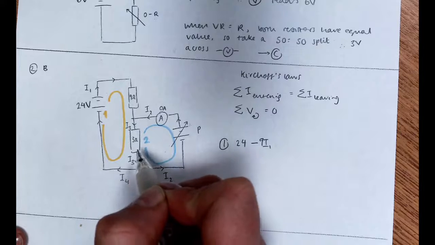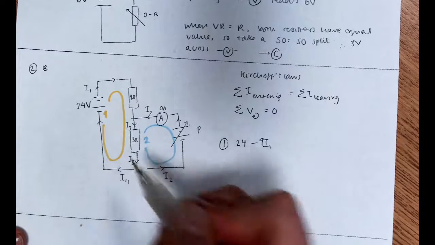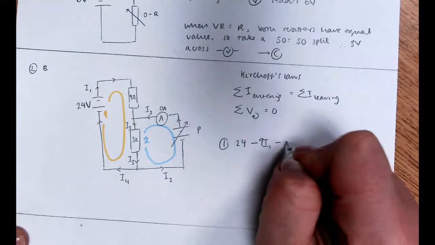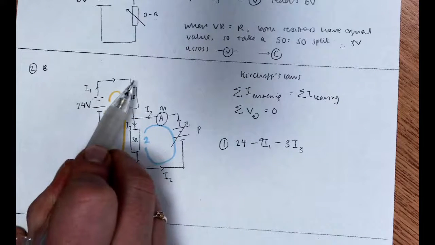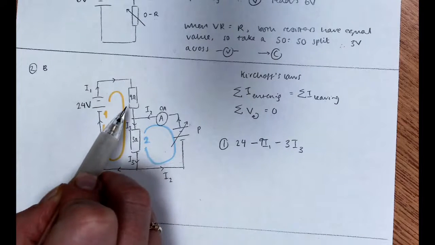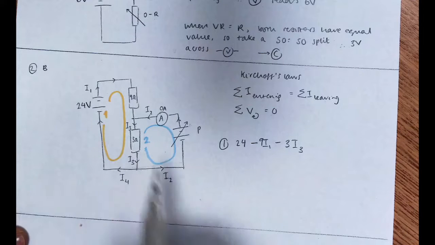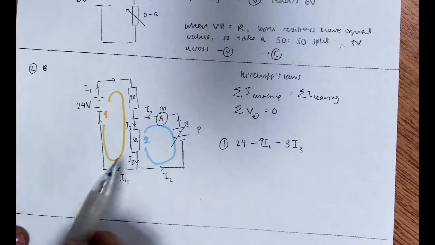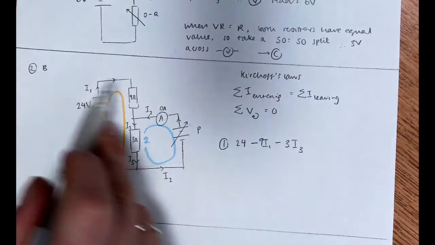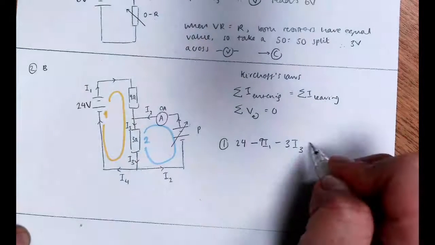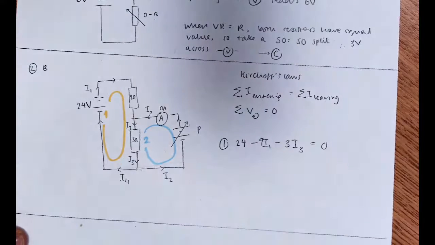Current multiplied by resistance here is 3I3. So it gains 24, it loses 9I1 because the current through this one is I1. It loses 3I3 because the current is I3 and the resistance is 3. And that's a complete loop. So the sum is 0.